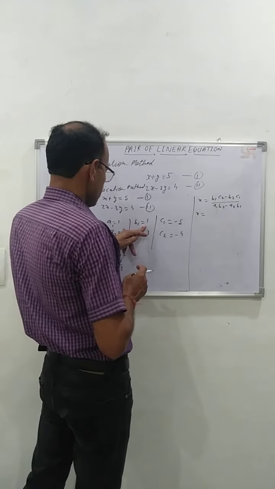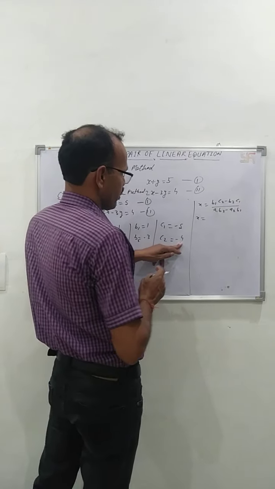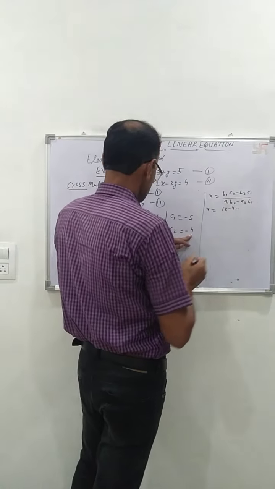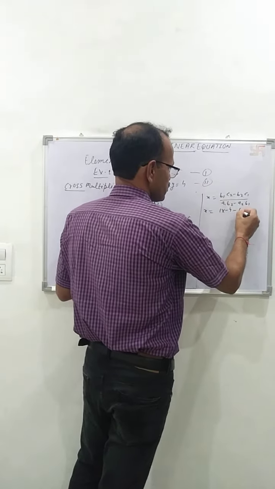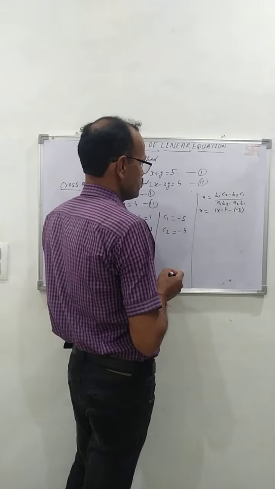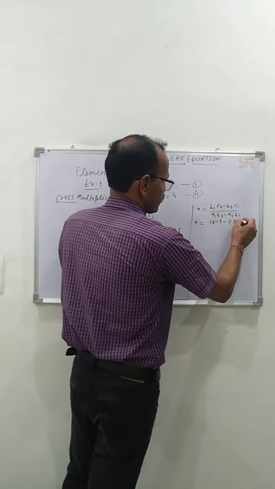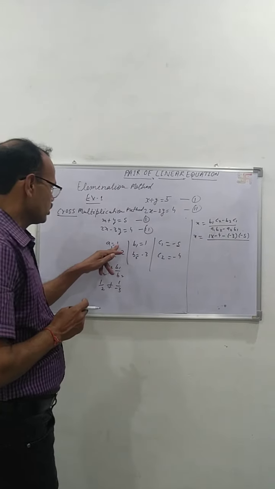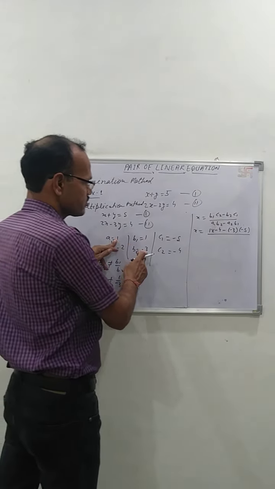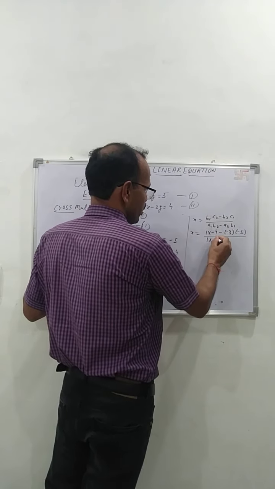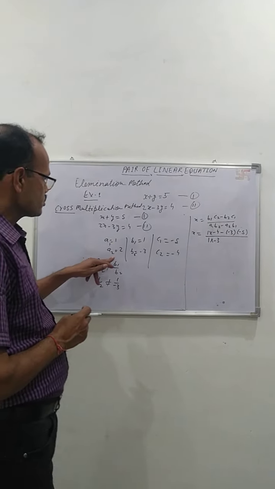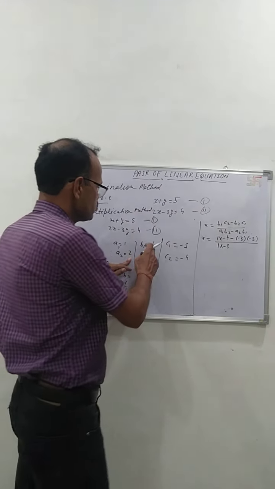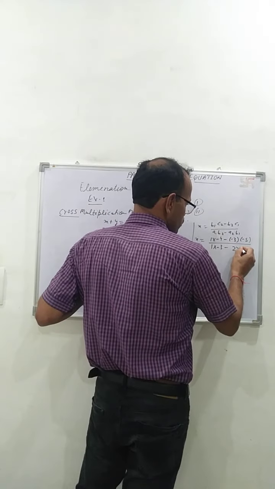So I am placing it. b1 is 1 and c2 is minus 4, so we write 1 into minus 4 minus b2, that is minus 3, into c1, that is minus 5, divided by a1 b2, 1 into minus 3, minus a2 b1, that is 2 into 1.